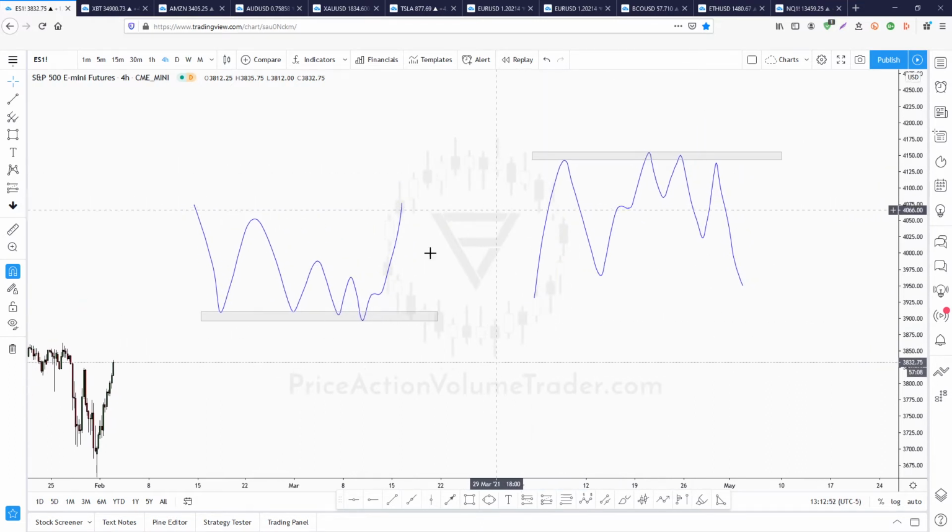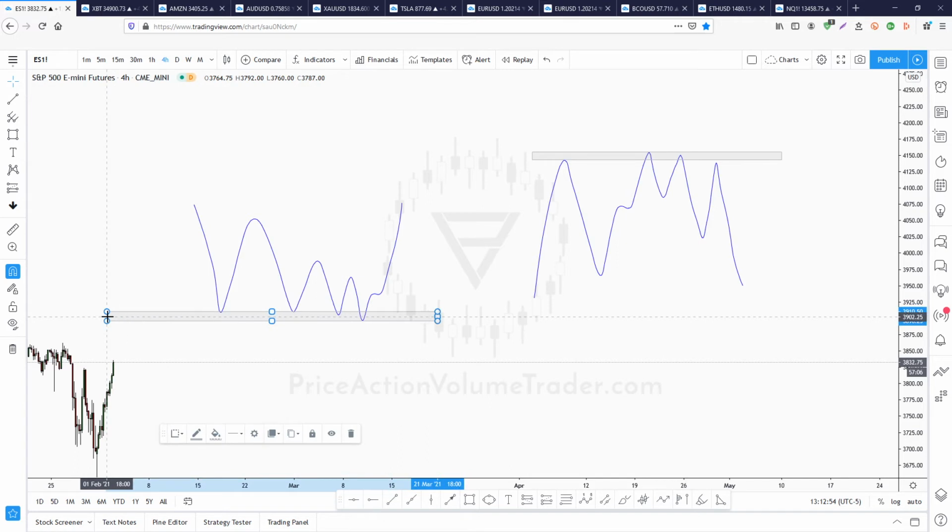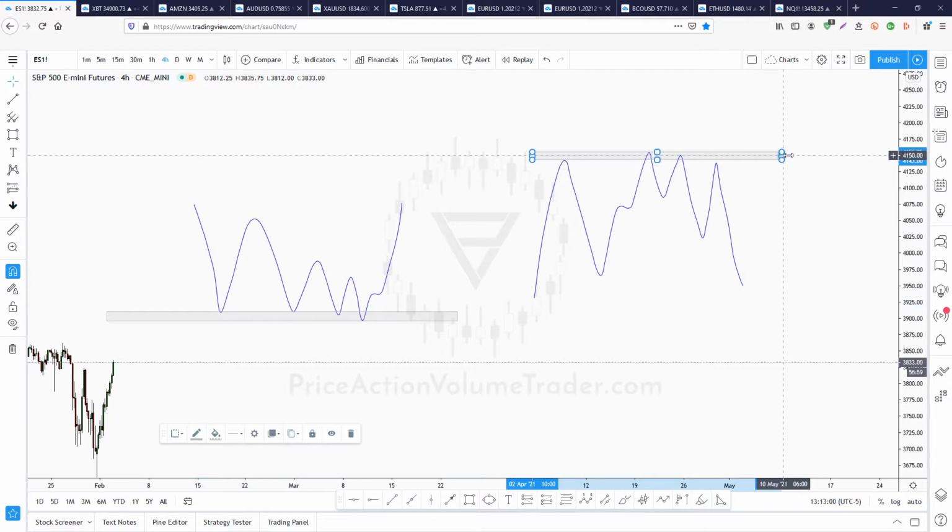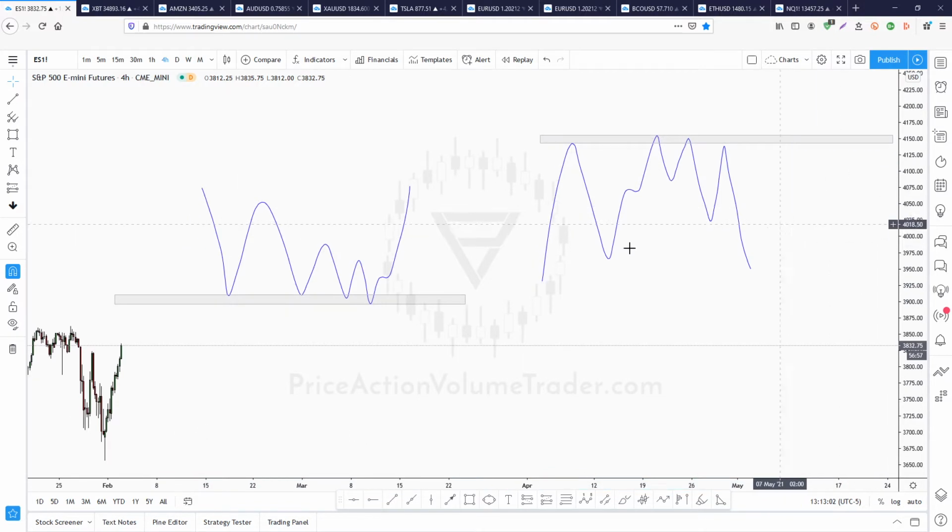Now, another key thing to know about these levels, which a lot of people are taught incorrectly, is the belief that the more times a level is tested, the stronger it becomes.